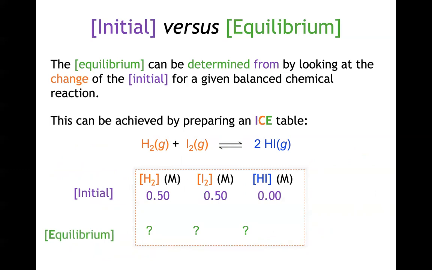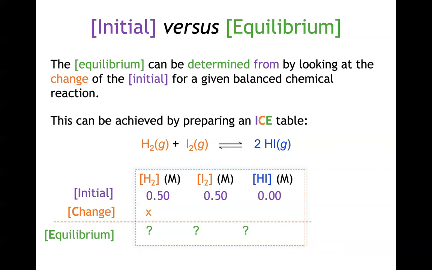What is the concentration at equilibrium? Well, we need to determine the change. If the concentration of the reactant is going to decrease by a certain amount, the concentration of the product is going to increase by that same amount, okay? So initial plus change gives us the concentration at equilibrium.